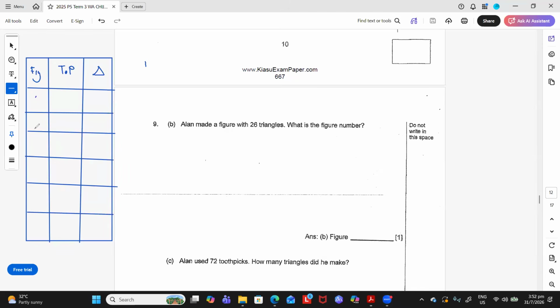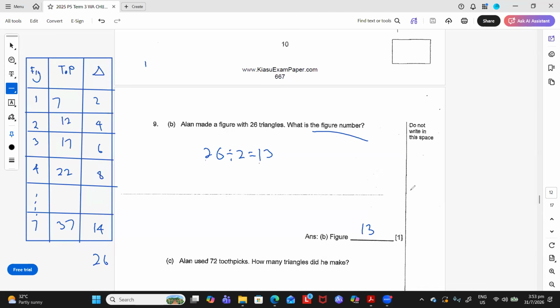Okay, so figure 1, 2, 3, 4. Then after that, you have figure 7. So I write 7, 12, 17, 22, then 37. 2, 4, 6, 8. So this should be 14. Okay, so Alan made a figure 26 triangle. So the number here is 26. What's the figure number? So trace back, go find a figure number, simply 26 divided by 2. The answer is simply 13.